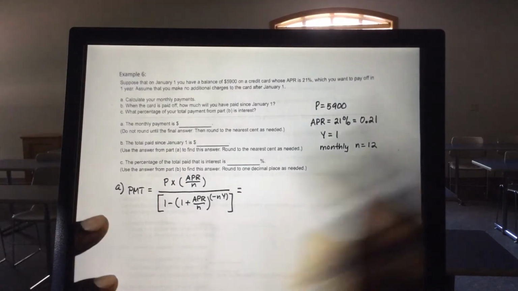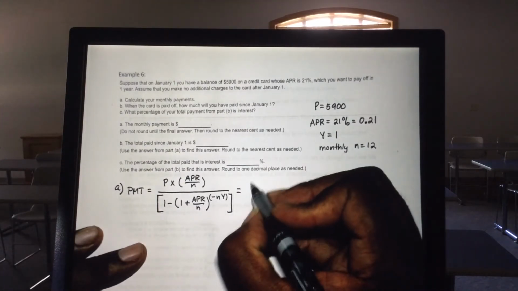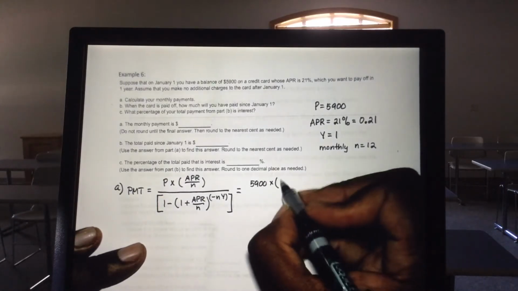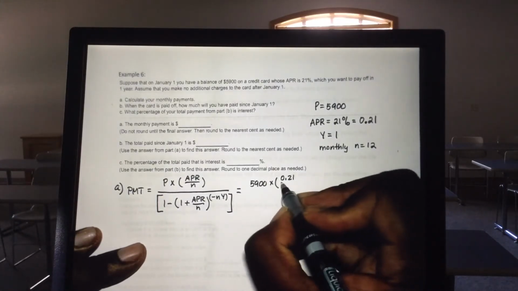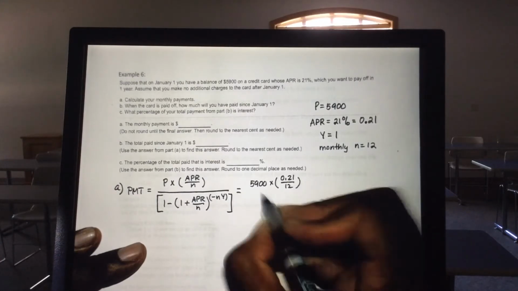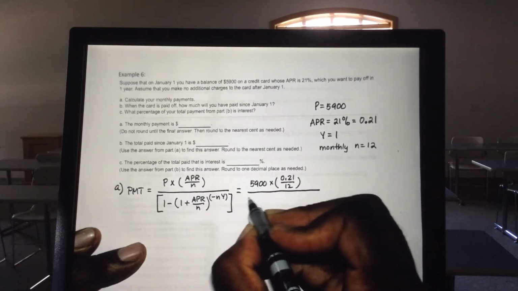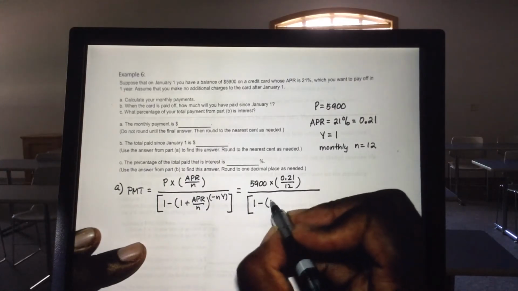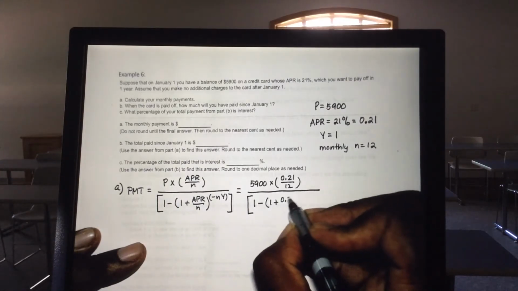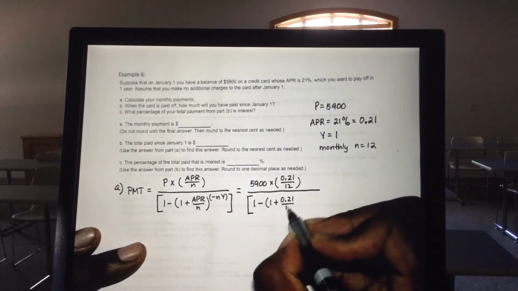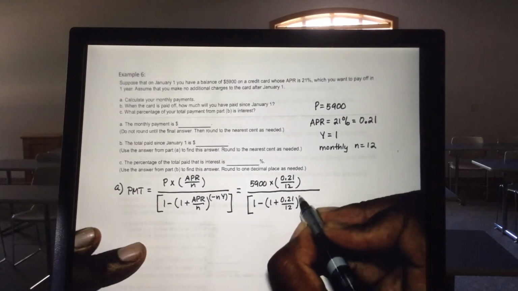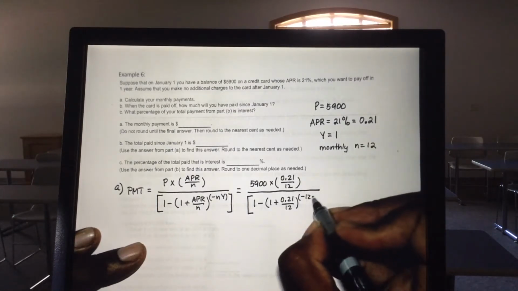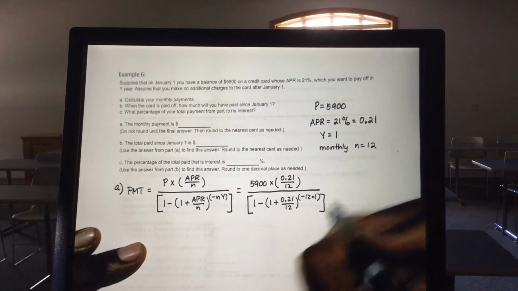That P is your $5,900 times the APR of 0.21 divided by N, that's 12. Now all that's going to be divided by 1 minus, and then left parentheses, 1 plus APR of 0.21 divided by N, that's 12 again. That's raised to the negative N, which is 12, and Y is 1. So it'll be negative 12 times 1.